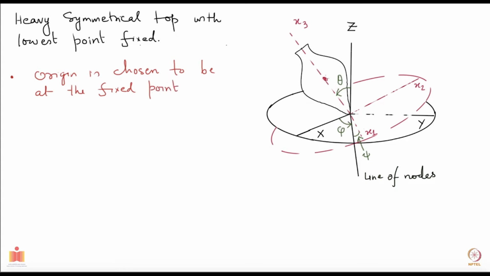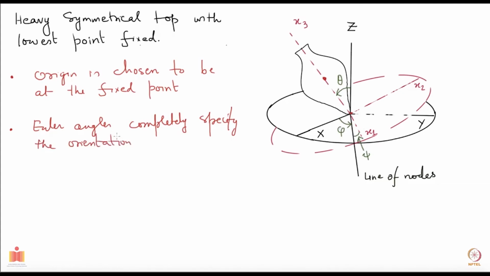Okay, that's not where I'm going to choose the origin of this body. I'm going to choose the origin here. Okay. Second, because one point is fixed, any orientation is going to be completely described by Euler angles. So Euler angles completely specify the orientation. Okay, so it's a simpler case in that context.